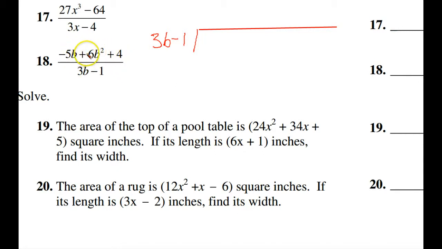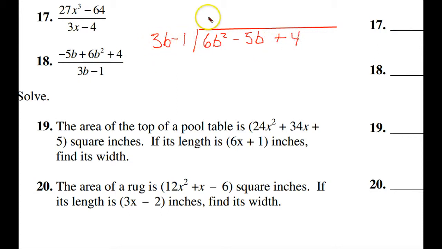They're not in descending powers. So you have to do that. So this is going to be 6b squared there. Then the negative 5b. And then our plus 4.